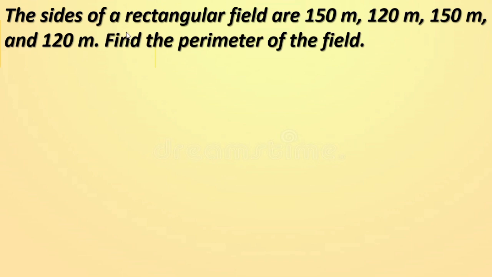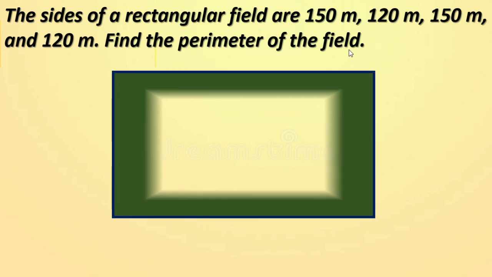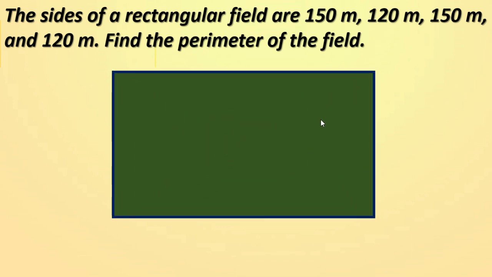See, the sides of a rectangular field are 150 meter, 120 meter, 150 meter and 120 meter. Find the perimeter of the field. Yes, we will draw here a rectangular field. This is 150 meter and this is 120 meter.